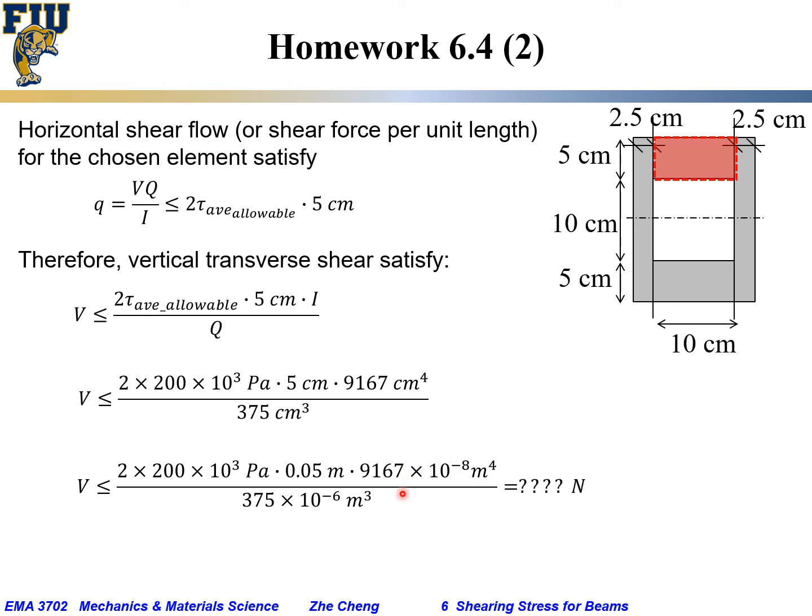And you plug the number in, we said Q is 375 centimeter cube, and 1 centimeter cube would be 10 to the power of minus 6 meter cube, and you would get the final answer for the vertical transverse shear, assuming that the vertical transverse shear is in the plane of symmetry, and we would know its maximum value that can be applied.